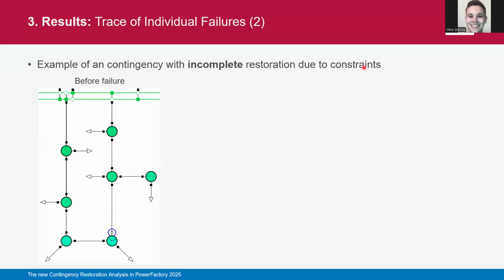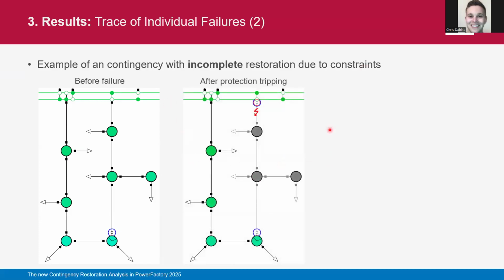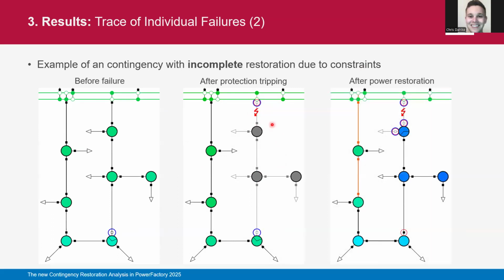This will not always be the case. It may also be that there are some contingencies that can lead to incomplete restorations. So when I say I want to really comply with all my constraints and limits, then this may lead to an incomplete restoration. For example, when this line here instead is faulted, we have a disconnection at the same point in the beginning because we only have a circuit breaker in the station typically. But the resupply now is not able to resupply everything. The resupply will completely be done from the other side.